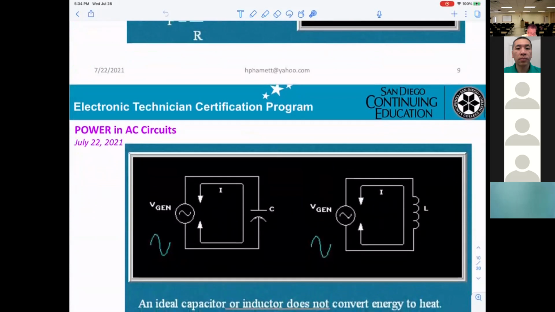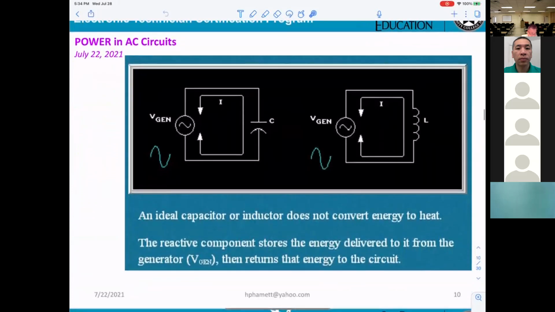Now, an ideal capacitor or inductor does not convert energy to heat. That means on an AC circuit you can touch the capacitor or inductor and you will not feel hot or warm.